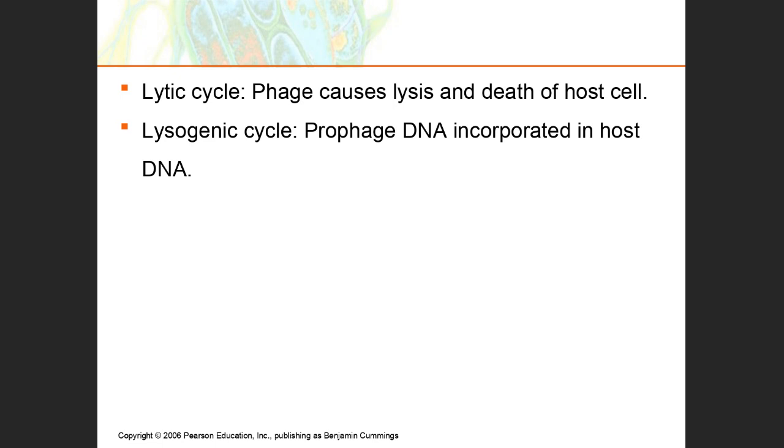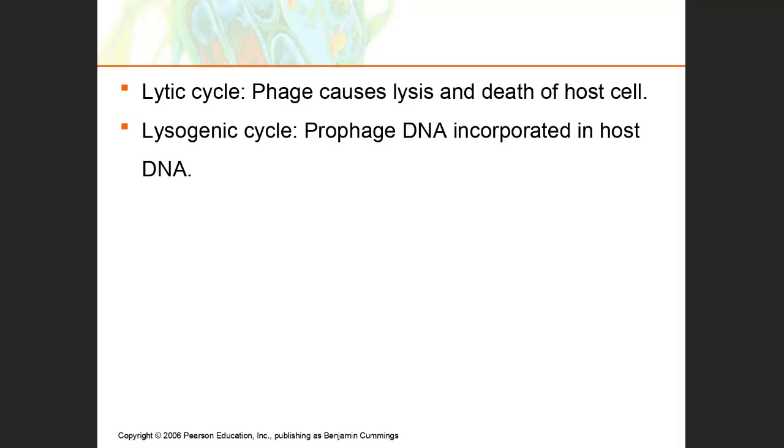And we call the incorporated viral DNA a prophage. In this case, the viral DNA will recombine with the bacterial chromosome and insert itself and become a part of that bacterial chromosome. So that bacterial cell is alive and well, at least for the time being.